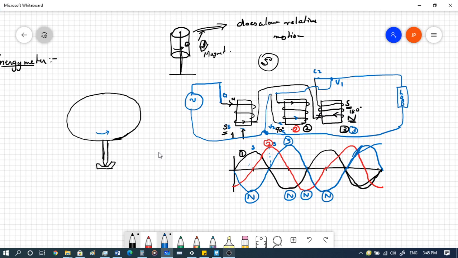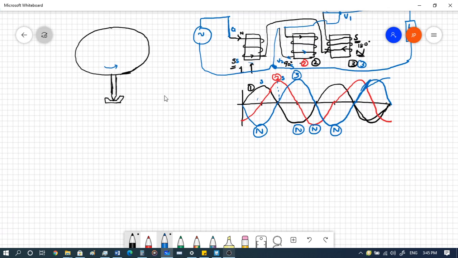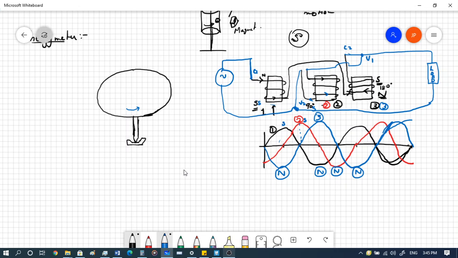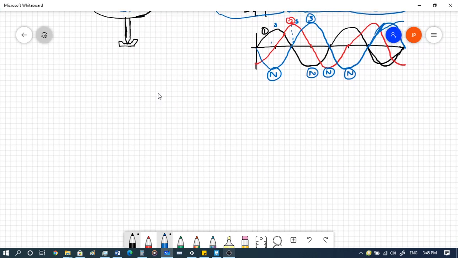And if you look at the construction, the construction is very simple. You have a disk and you have these 3 electromagnets placed in such an arrangement that it will allow the rotation of this aluminum disc, right? So let's look at the construction. Let's say we'll look at the front view, right? Front view. So the disk is over here. Let's say this is our disk.